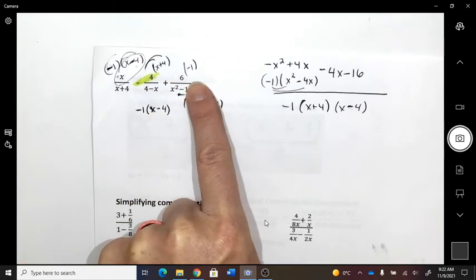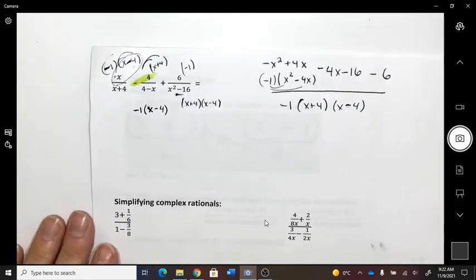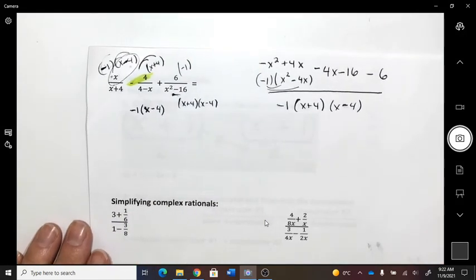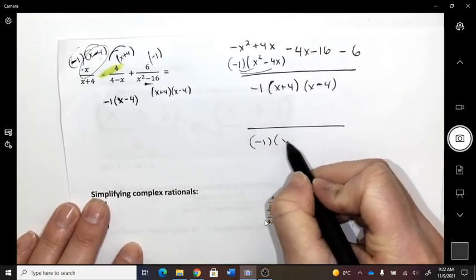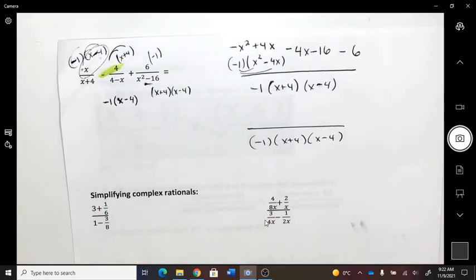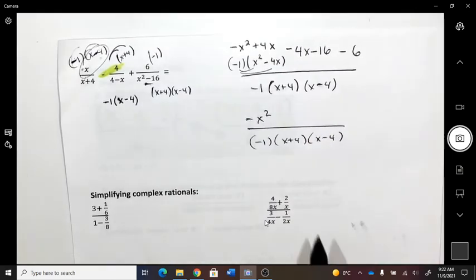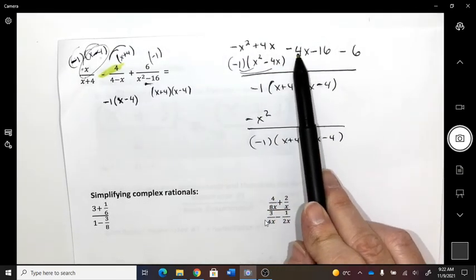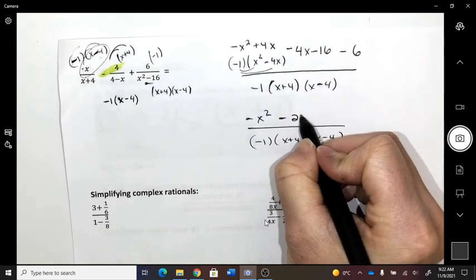And then this, so I had a plus 6, but then I times it by negative 1, so minus 6. Okay, so altogether I have a negative x squared. If I had a 4x, subtract 4x, I think that would disappear, right? That would become 0. And then a minus 16 minus 6 can go together.